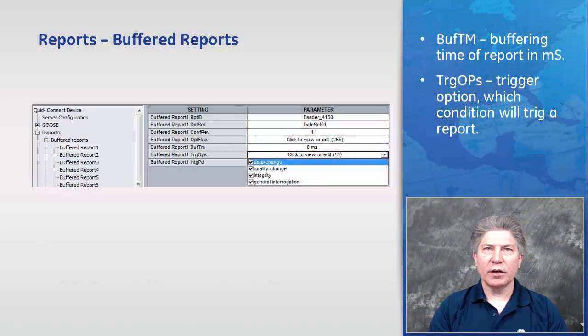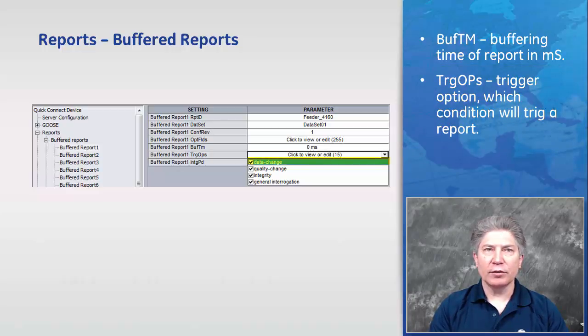The buffered report time is the interval time in milliseconds for the buffering of events for inclusion in a single report. In other words, how long after the initial event to collect and append possible additional events before sending a report message. The trigger option is a bit string that controls which trigger conditions are monitored in this report. In other words, what condition will generate this report.